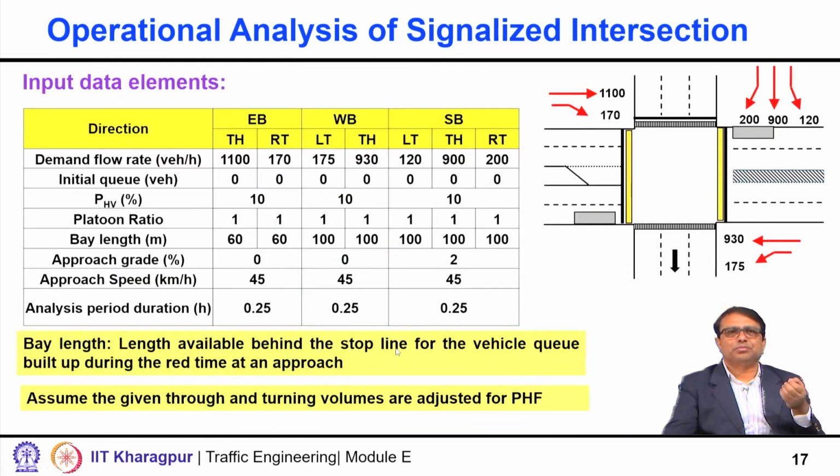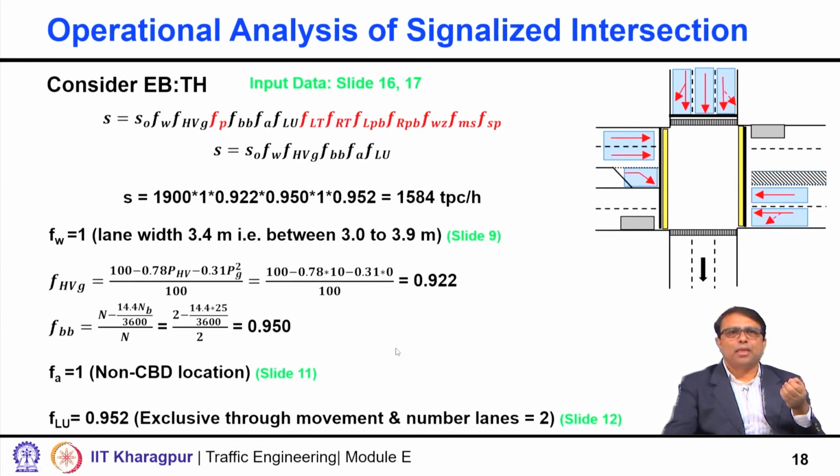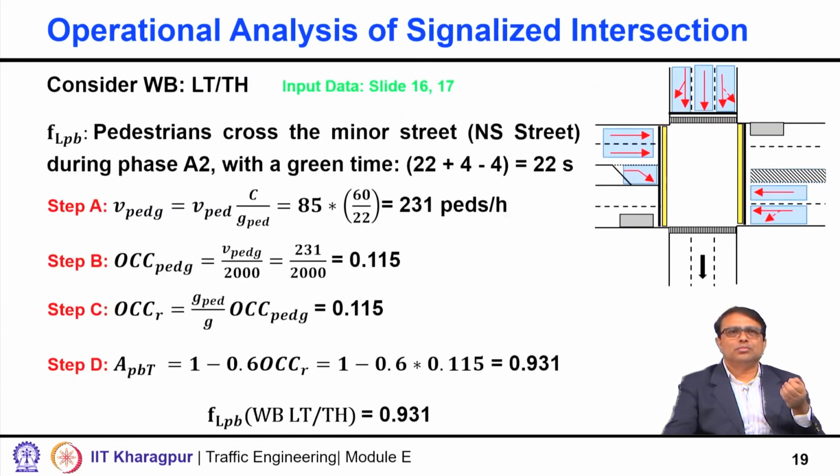So, you calculate that OCC PEDG and also the step C, and now you can say 1 minus this is the APBT. So, that comes 0.931, right. So, that is the calculation. So, FLBP is 0.931, that is the one.